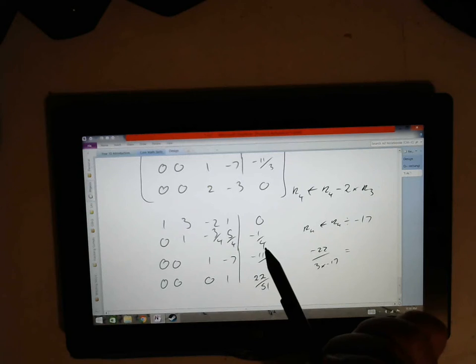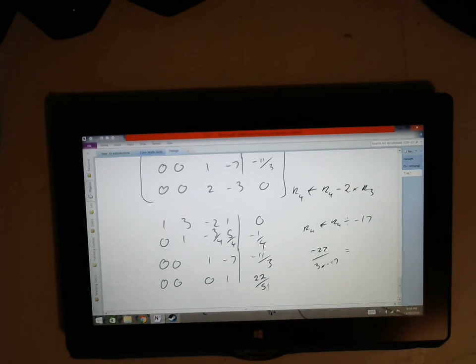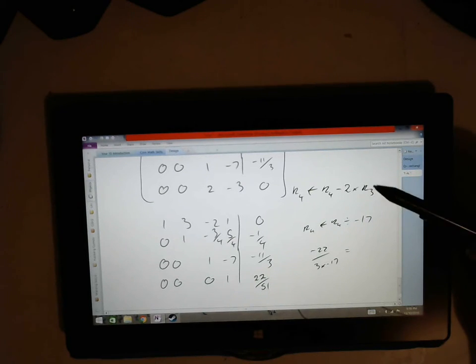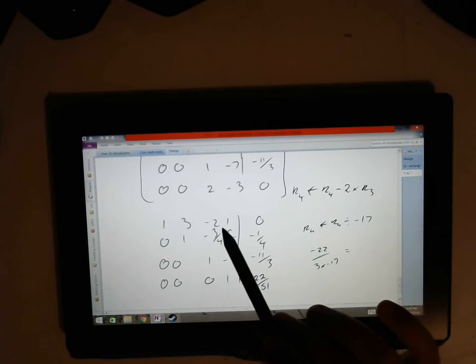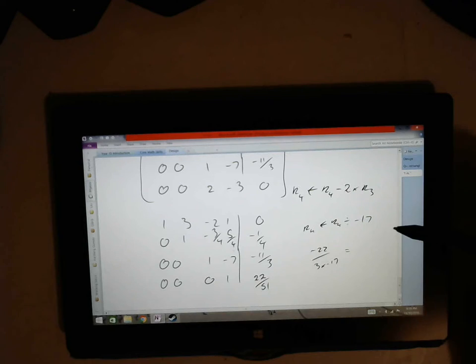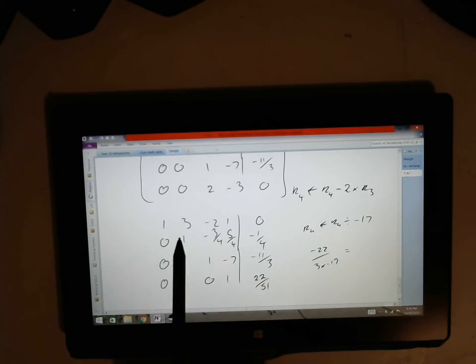Alternatively, we could use the same method just for our upper triangle that we've just done, in order to slowly cancel these down to zeros. It's the same thing no matter which way you look at it. So we could go, alright, well R1 is going to equal R1 take away 3 groups of R2, because we want to get rid of that 3.